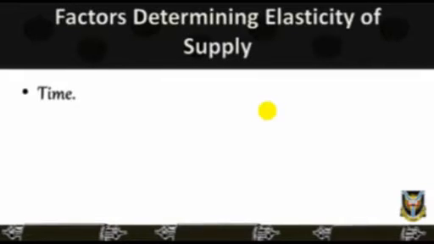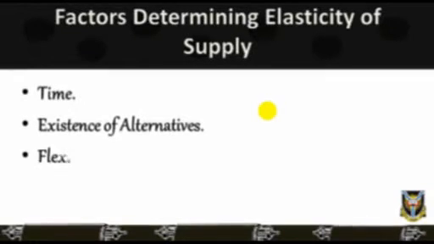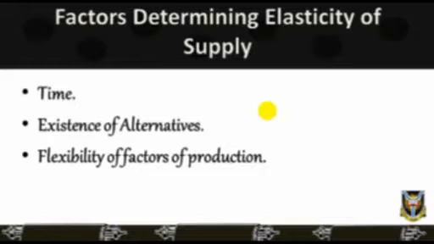Factors determining elasticity of supply. 1. Time. Since factors of production sometimes cannot be easily varied in the short run, supply tends to be inelastic in the short run. 2. Existence of alternatives. The existence of an alternative market for a product makes the supply elastic because they can be shifted in the point of sale.